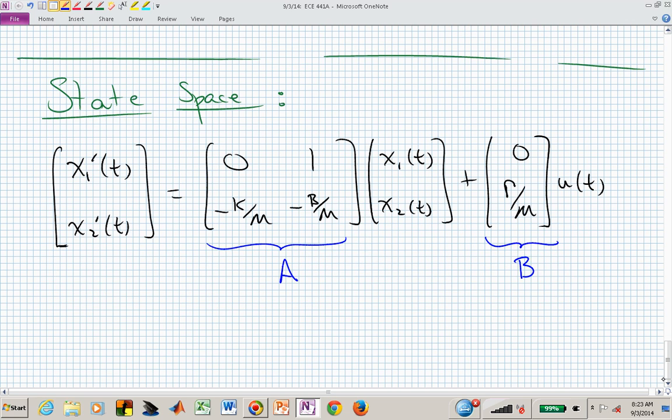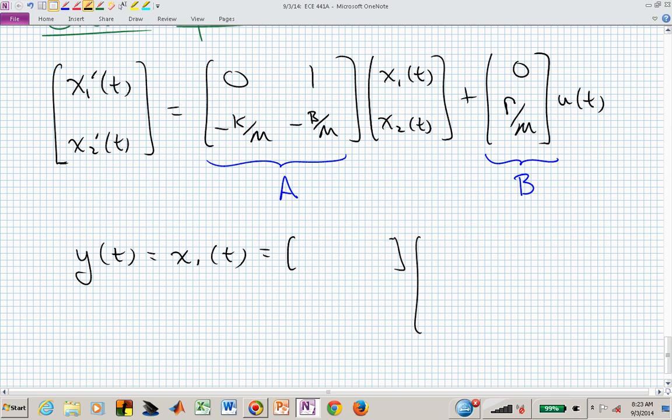And in this particular case, we said our output Y was our position, which we're now calling x sub 1. We can write that in terms of our normal output equation, which is some matrix C times the state vector plus another matrix D times the input. Creating x1 of t from this matrix product is pretty straightforward, I hope.